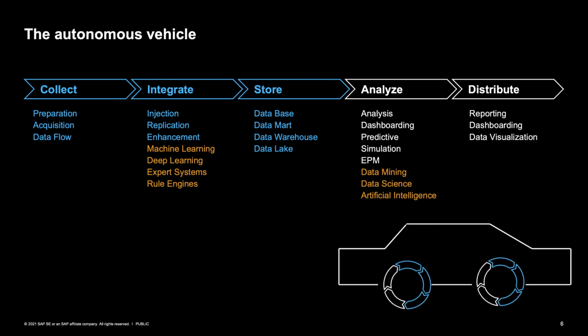So as a first conclusion, even if SAP's technology does not play a predominant role in the autonomous vehicle itself per se, it is helping collect, integrate, store, analyze, and distribute data over the whole chain. The integration with the company's headquarters and the data necessary to run the business is crucial.